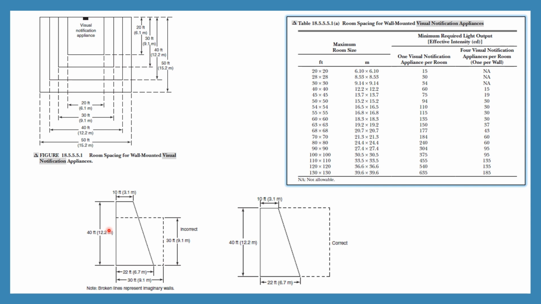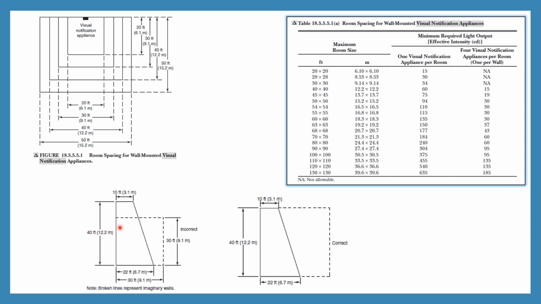So here you have an irregular room and the maximum dimension is 12.2 meter for this particular room. Then I cannot select the 9.1 meter by 9.1 meter room size with 34 candela rating for this entire room, because here I have 6.7, 3.1 and 12.2. If I consider 6.7, then I need to check the 8.53 multiplied by 8.53 room dimension as maximum, so I need to consider a 30 CD visual notification device, but it will not cover this particular portion, so we need to go for the higher model.